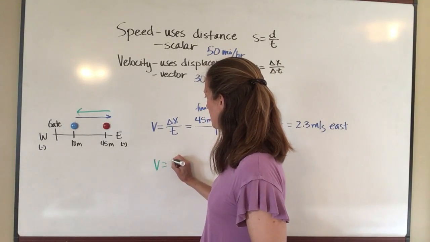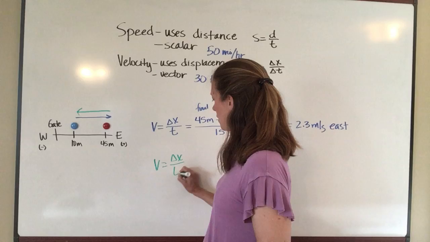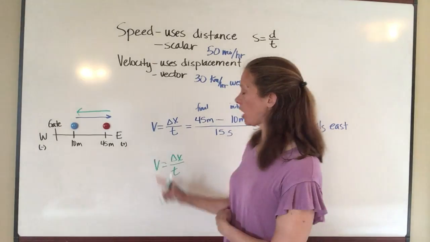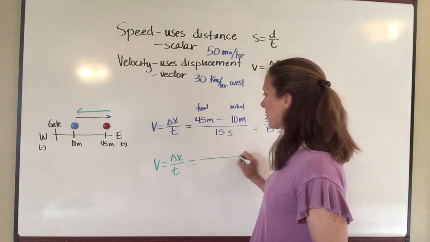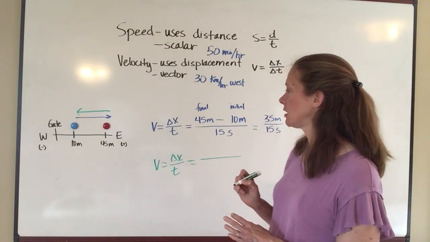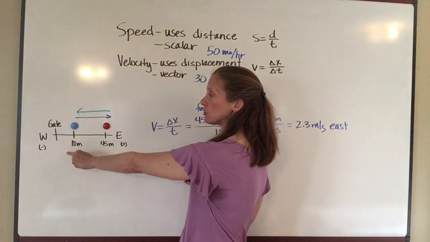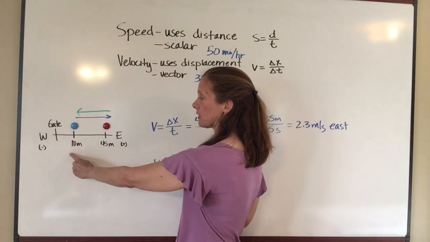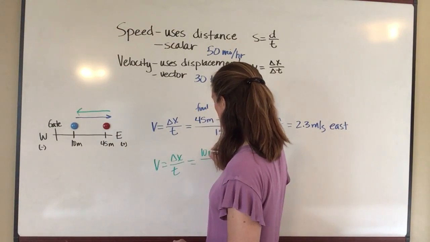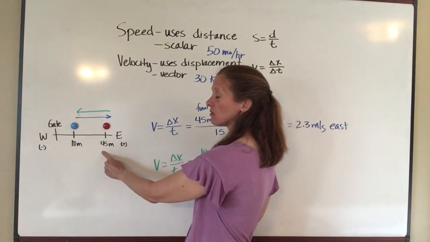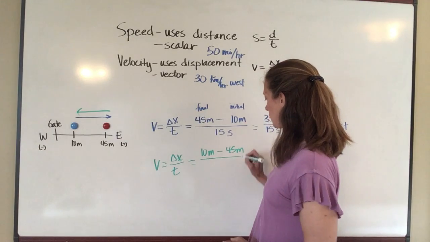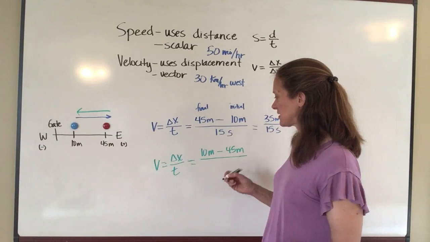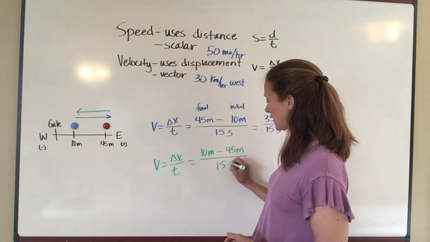So velocity equals delta x over t. Notice I changed colors to match my arrows up here. So here, my final location is where? Well, my final location now, because he went backwards, is at 10 meters. His initial location was at 45 meters. Okay? And let's say again that it took him 15 seconds to do that.